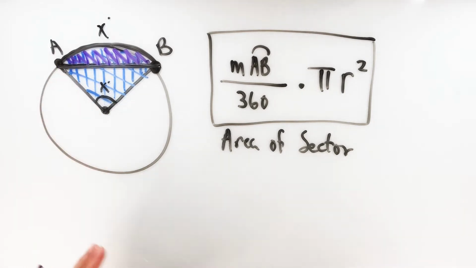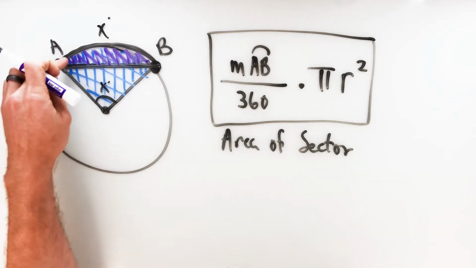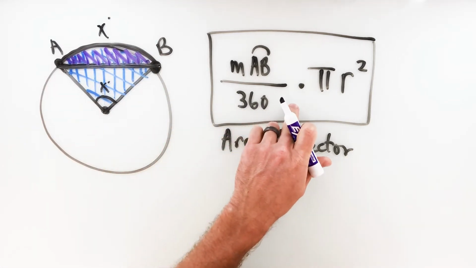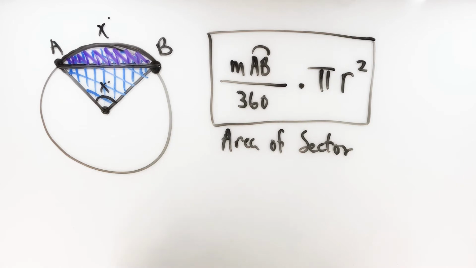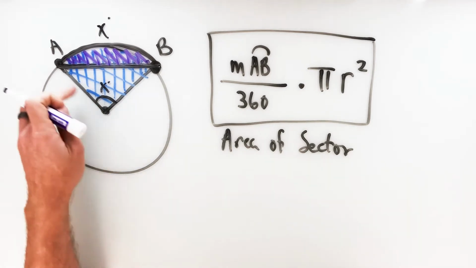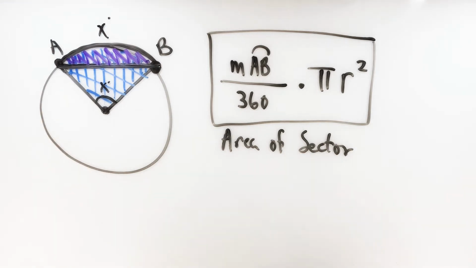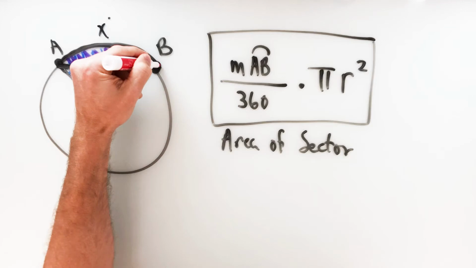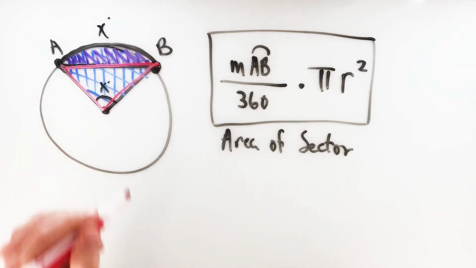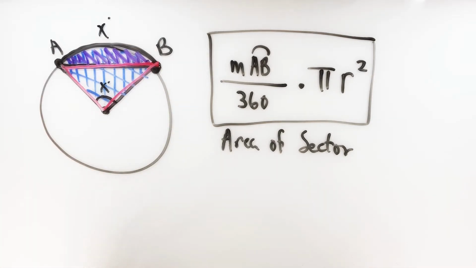To find the area of this piece, we're going to use a subtraction method. If I can find the area of the sector, which we just wrote as this formula right here, I can subtract out the portion of the sector that isn't the segment. Now, what shape is that? It's right here, and you can see that it is just a triangle. The good news is that we have a few different ways to find the area of the triangle.